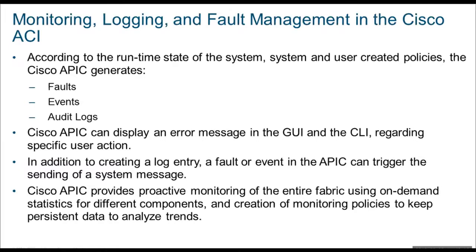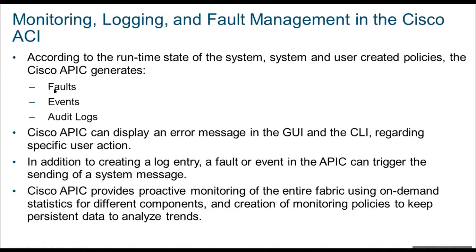Now, based on the runtime information that it received from the switch, the Cisco APIC will generate either events or faults and also audit logs. So that's why I say based on the runtime and maybe even based on some policy that you've created. So you may have a policy which says if such a fault is triggered or a certain event occurs, send a system message to a syslog server.